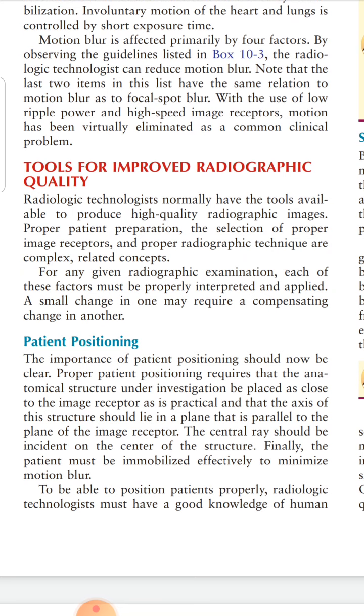The importance of patient positioning should now be clear. Proper patient positioning requires that the anatomical structure under investigation be placed as close to the image receptor as is practical. So you should place your patient as close as possible to the image receptor, the axis of the structure should lie in a plane that is parallel to the plane of the image receptor, and the central ray should be incident on the center of the structure.